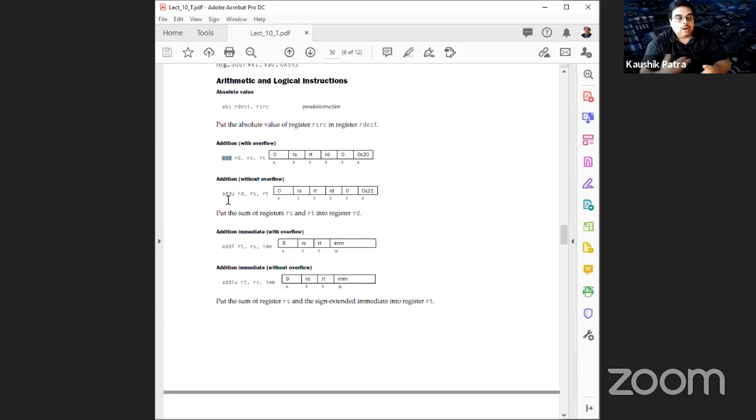So at the processor level, there is often no distinction between signed and unsigned value. It all comes down to bit pattern manipulation.